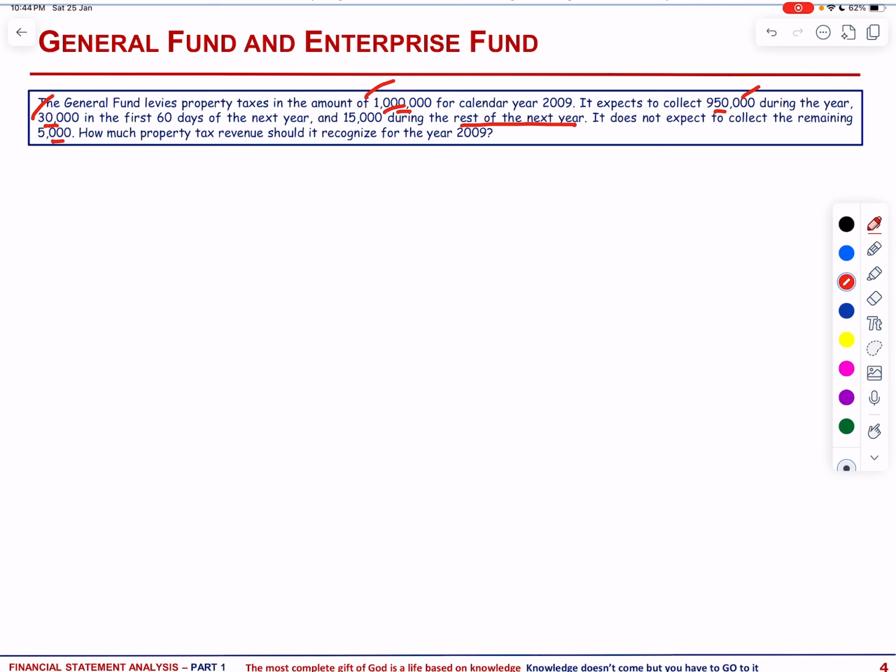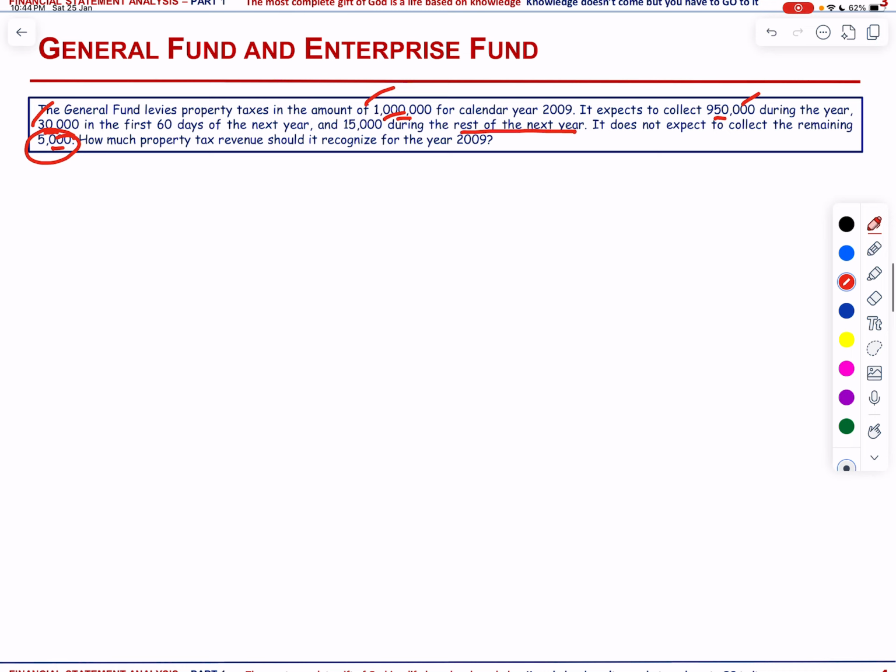Now, this 15,000 is not going to be recognized in 2009 as it is not available within 60 days. And then there is an uncollectible of 5,000, and this is not going to be recognized as revenue as well. So, the revenue to be recognized for the year 2009 will be the amount collected during the year 2009, that is 950,000.